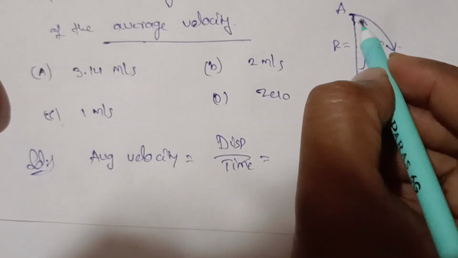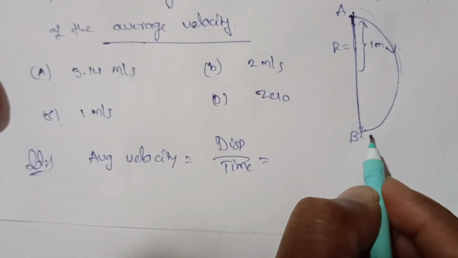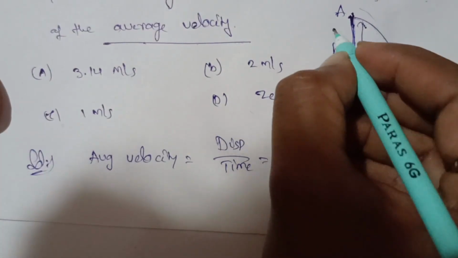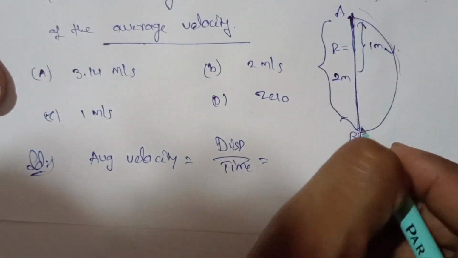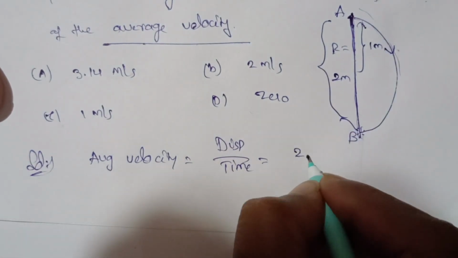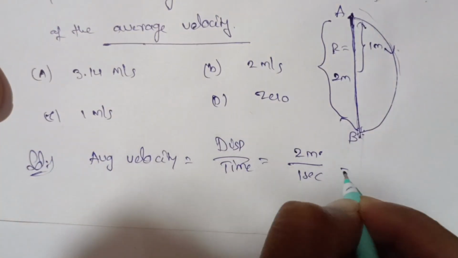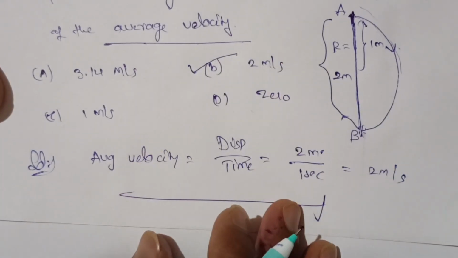And what is the displacement here? The shortest path. Of course the object might travel from here to here, but the shortest distance between A and B is 2 meters, because the radius is 1 meter. So 2 meters per time taken, which is 1 second. This is 2 meter per second. So option B will be the correct answer.